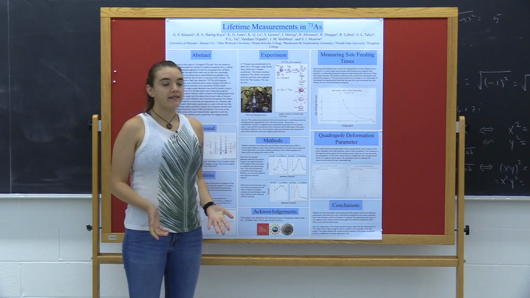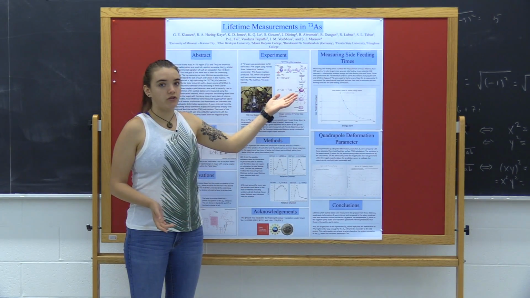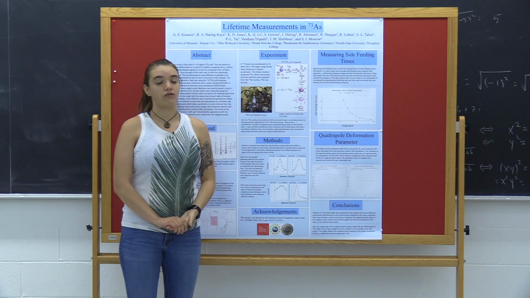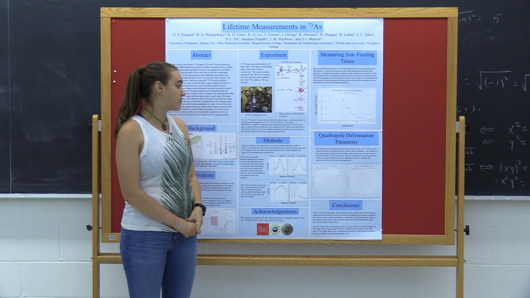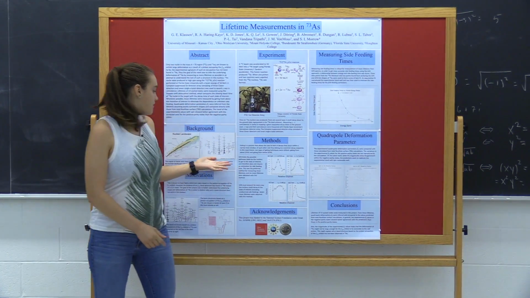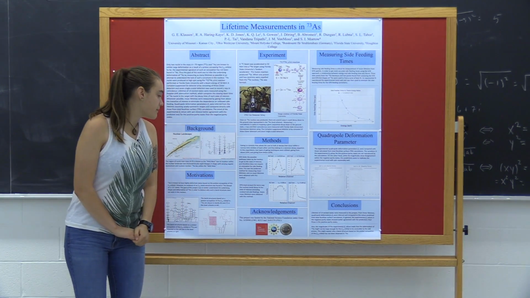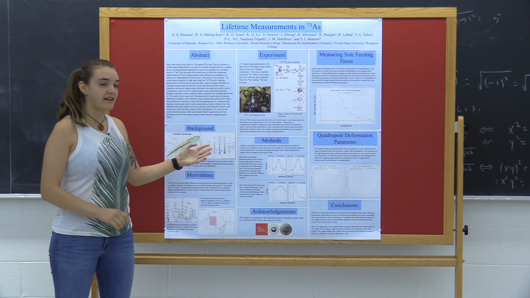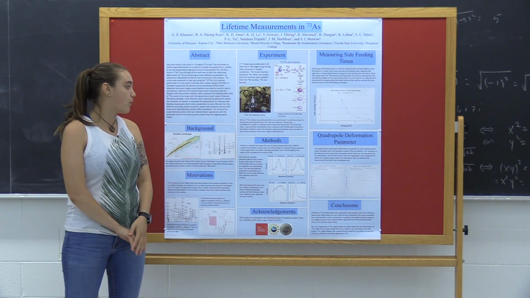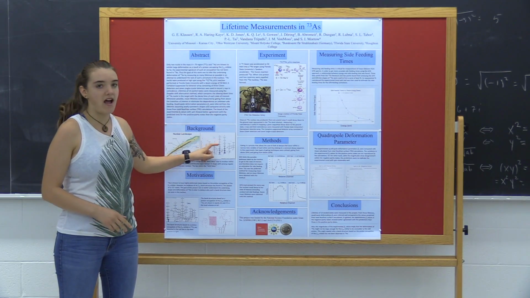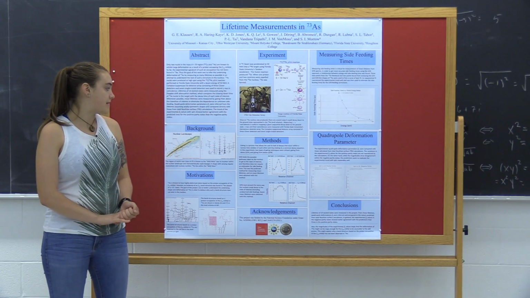There are several ways that this arsenic 73 would be in an excited state at this point. So once this arsenic 73 is produced, it can decay down to the ground state in many ways, as seen by this level scheme. By studying the way it decays, we can learn more about the shape and the lifetimes of each energy state.